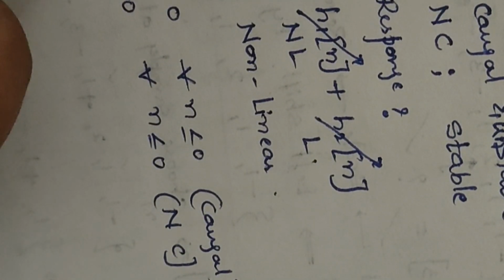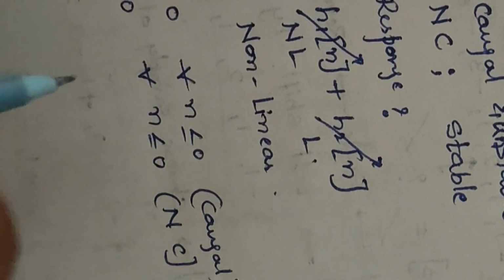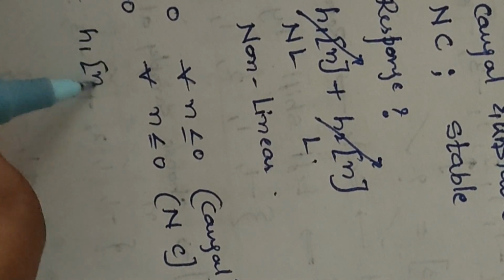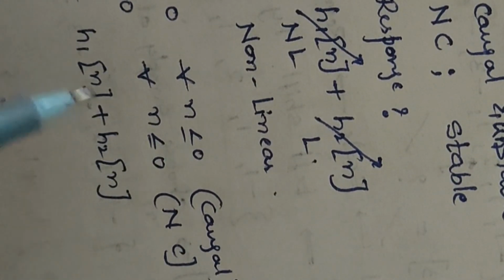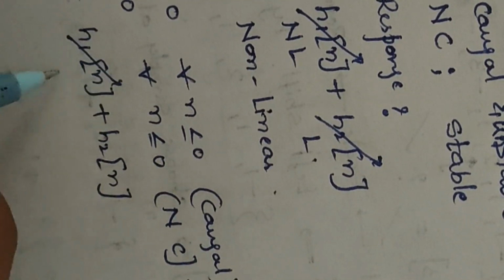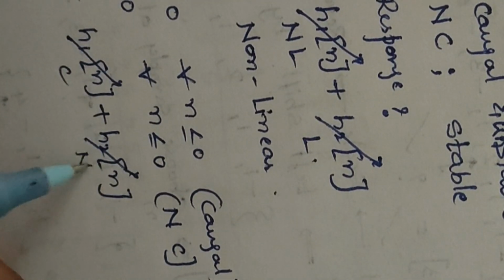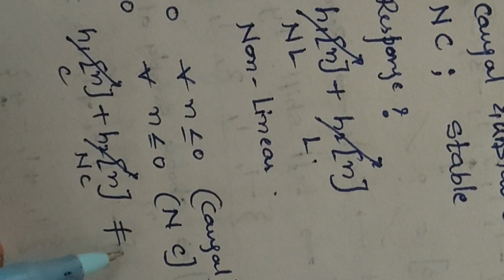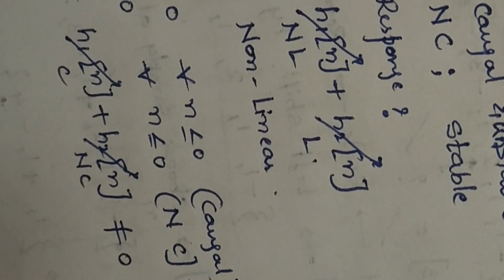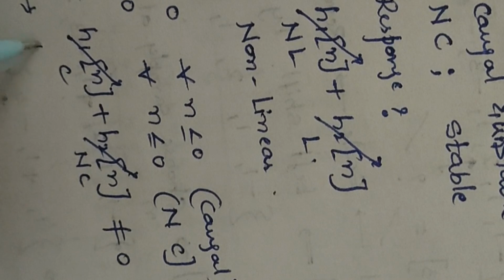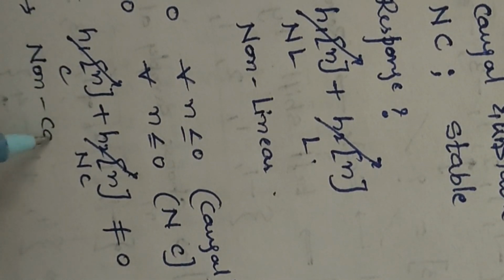So now you will get overall response as H1 of n plus H2 of n. This is causal and this is non-causal. So overall response will be not equal to 0 for all n less than or equal to 0. So this will be non-causal.